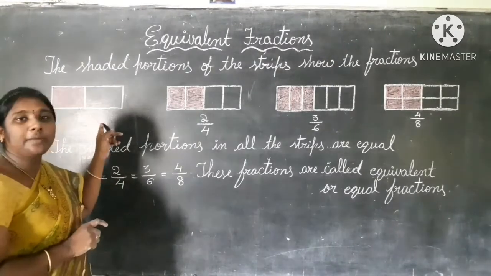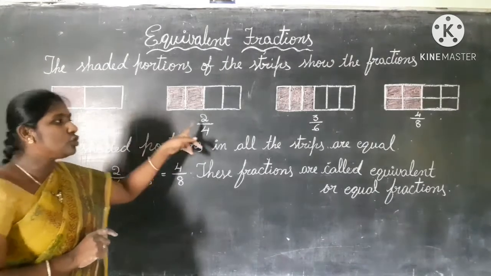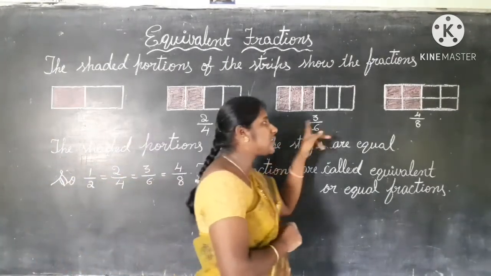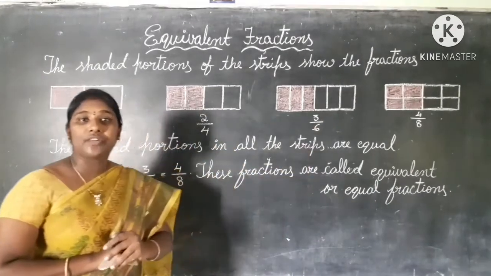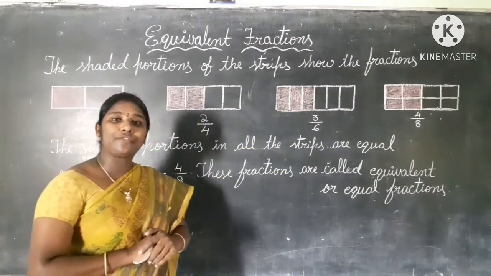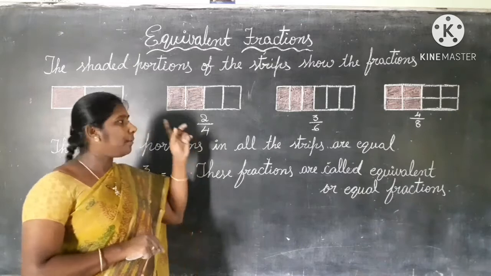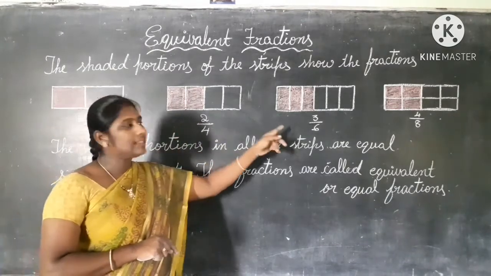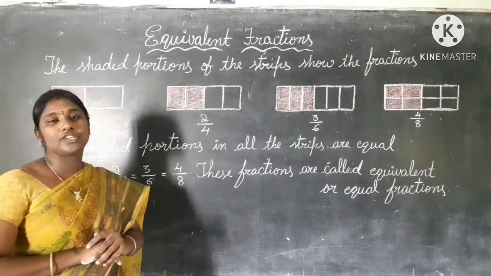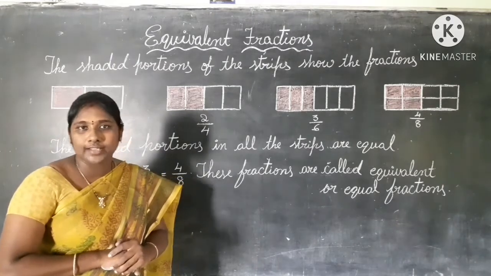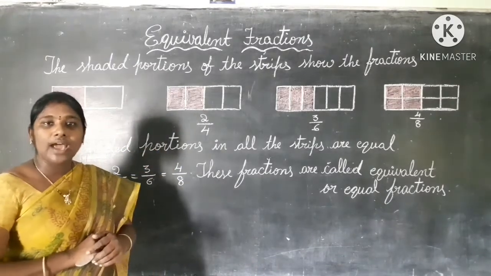So these shaded portions, 1 by 2, 2 by 4, 3 by 6, 4 by 8, are called equivalent fractions or equal fractions. Why are they equivalent fractions?